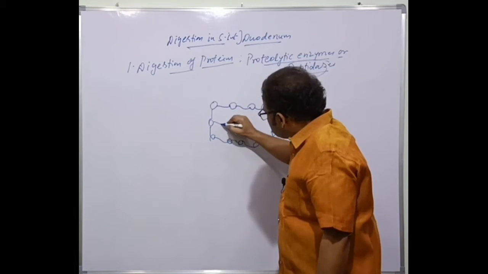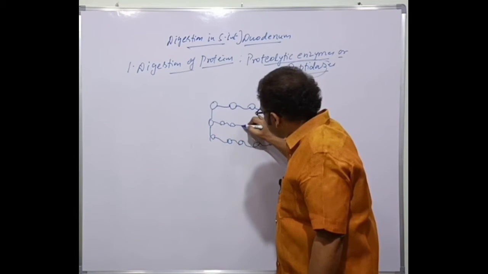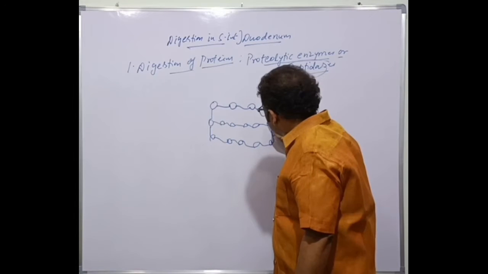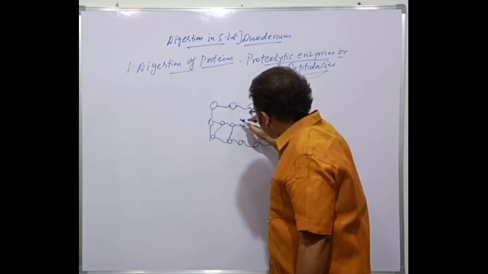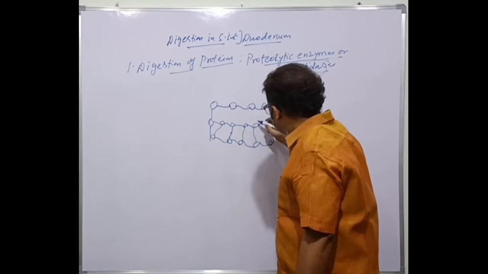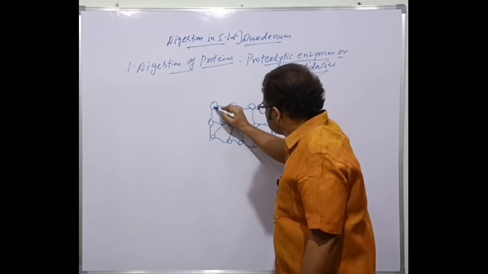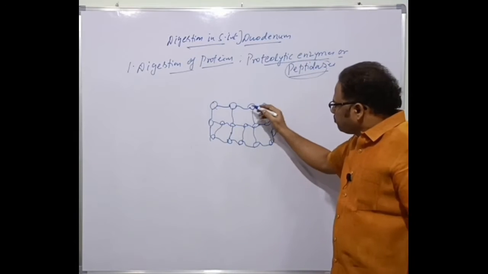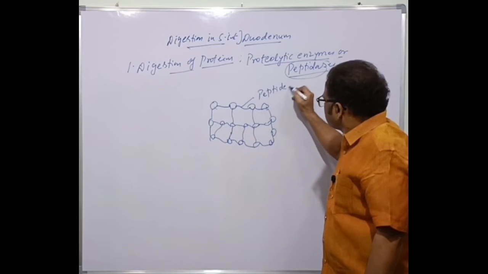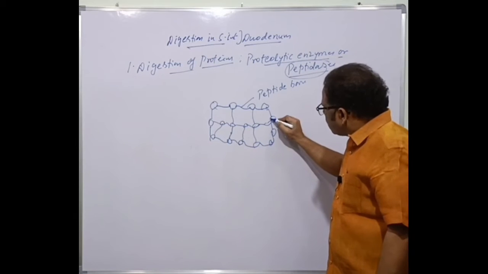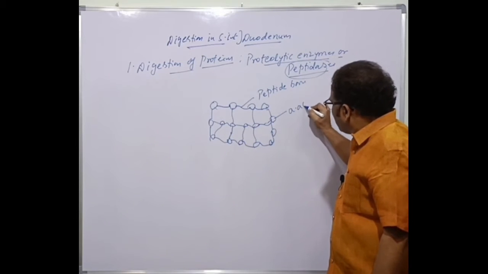And these are other bonds, inner bonds like this. They're attached to each other, like this, like this, like this. So these are the peptide bonds. And these rounded ones, for example, are the amino acids.